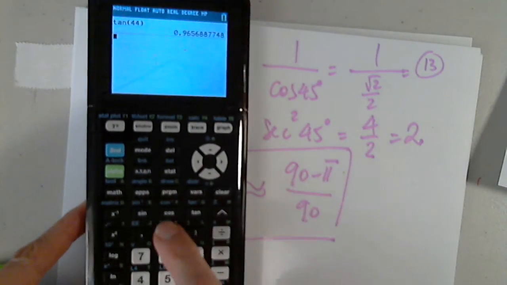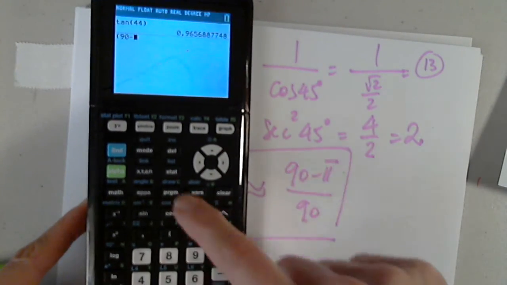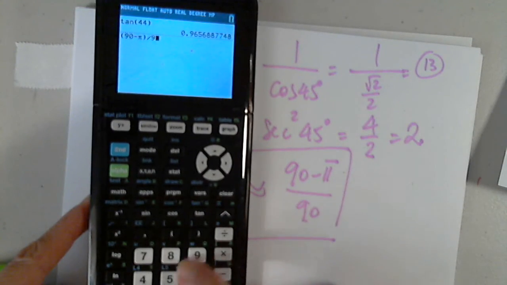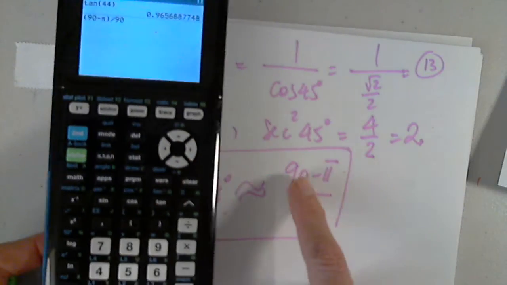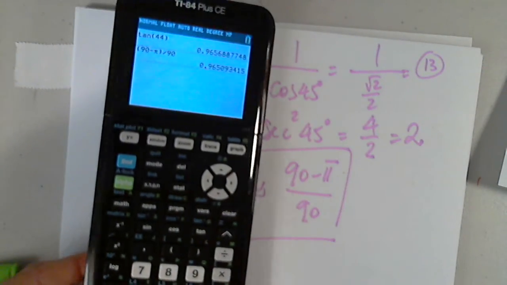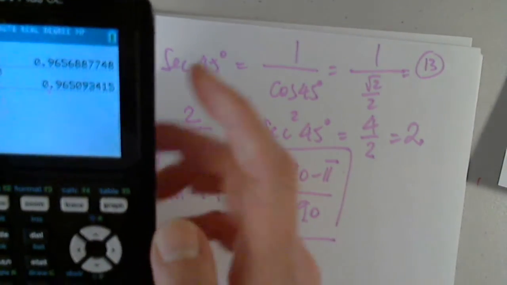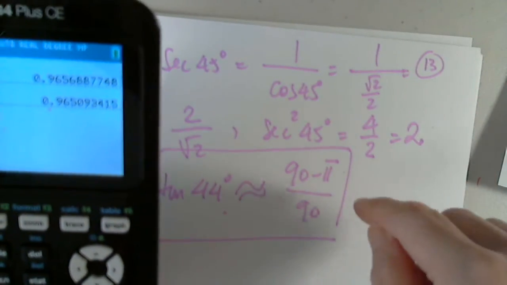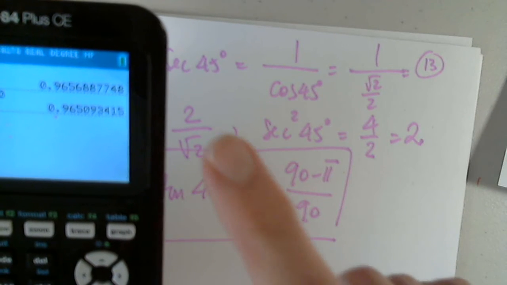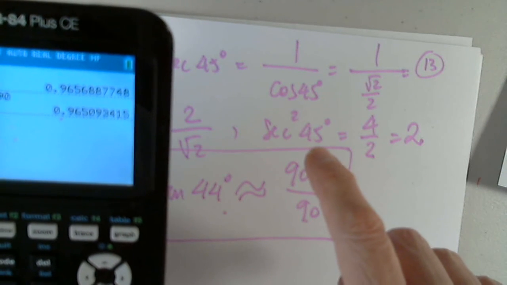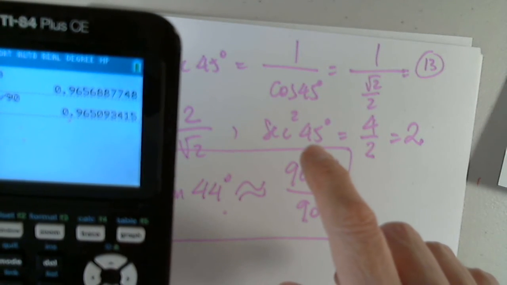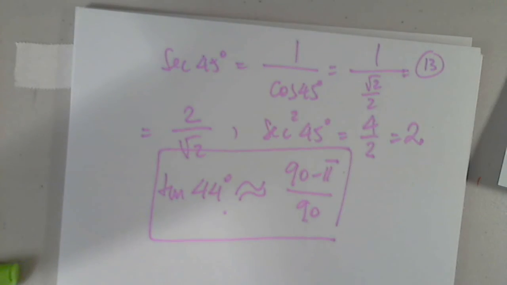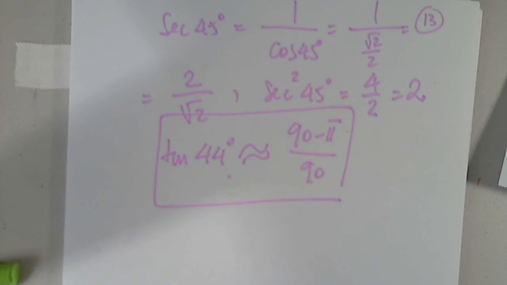And now here, left parenthesis, 90 minus pi, this is the sign for pi, close the parenthesis, and divide by 90. Or you can just put in 1 minus pi over 90, whatever you want. So the exact is 0.965688, and our approximation is 0.96509. Any questions?